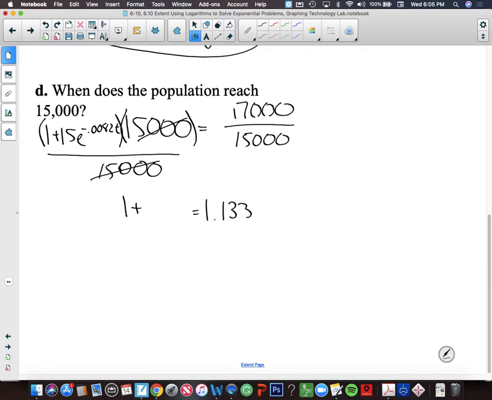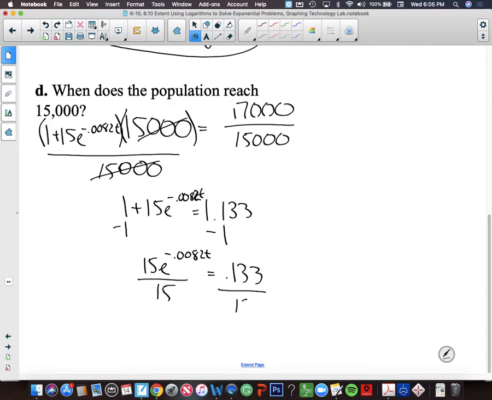And on the left, we have this, 15e to the negative 0.0082t. Okay? Now we're back to the problem at the beginning of the lesson. You have to get the e by itself, natural log both sides, and that'll give you your t. So if we move the 1 over, minus 1, 15e to the negative 0.0082t equals 0.133. Divide by the 15. And then you're going to have to natural log both sides.